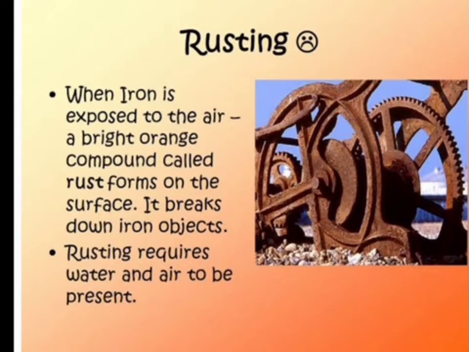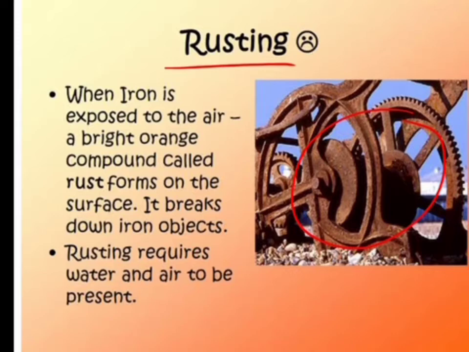You would realize that these objects have turned reddish, unlike their original metallic color. This is what we call rusting of iron. The reddish brown covering of flaky substance on the iron object is called rust.